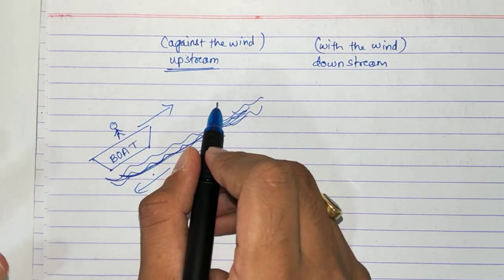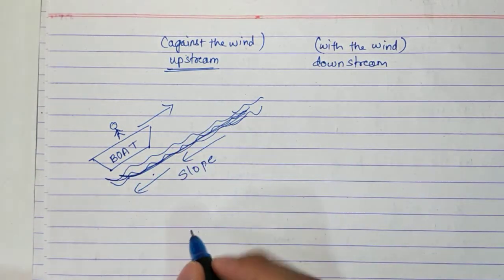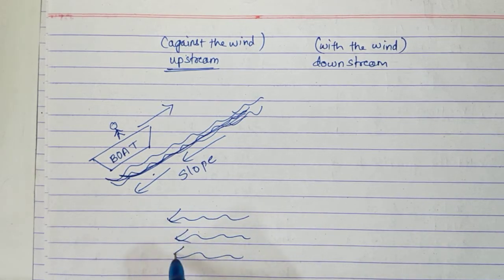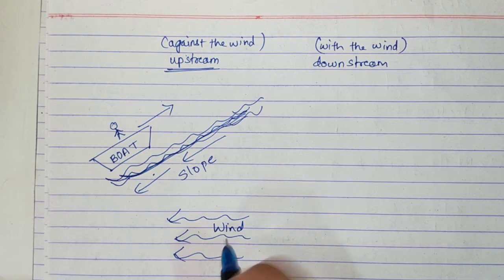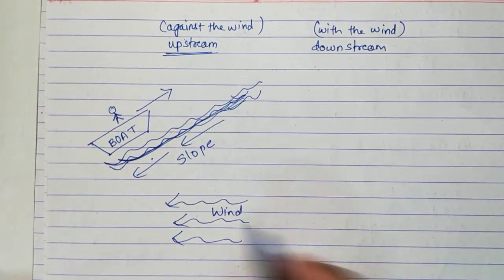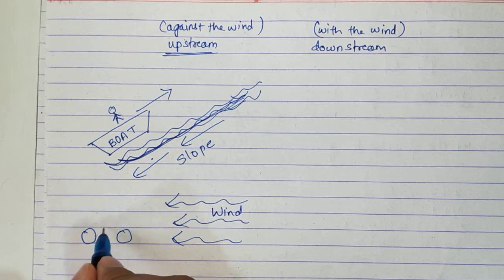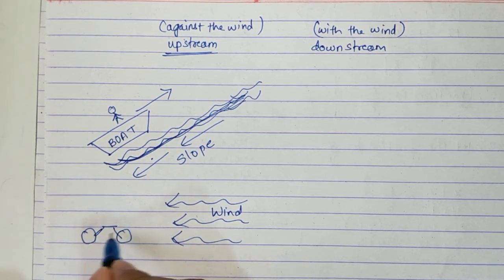And the same concept I can say in this way also. Let's say a strong wind is flowing, due to some reason, let's say a cyclone, and you are on a cycle. I don't know how to draw a cycle.